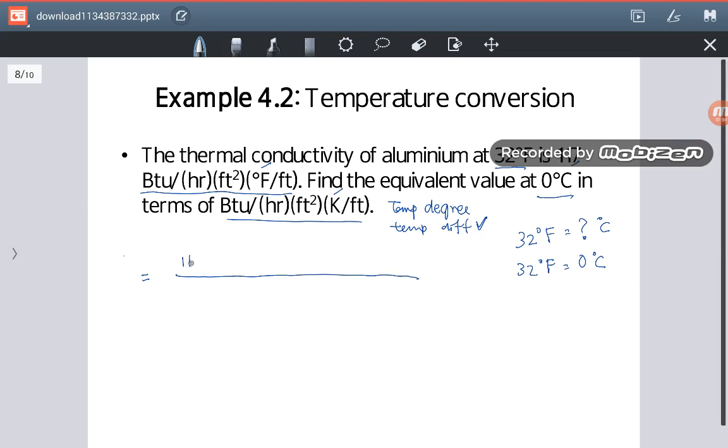So 117 BTU per hour feet square, and Fahrenheit.